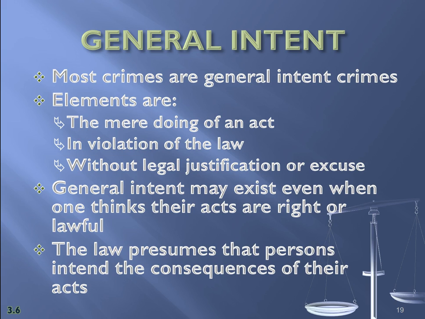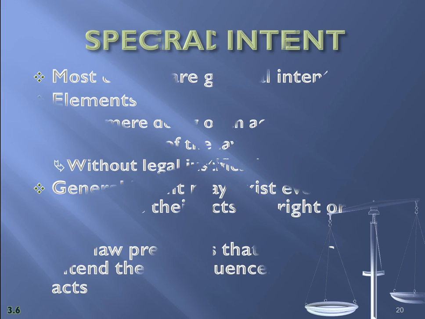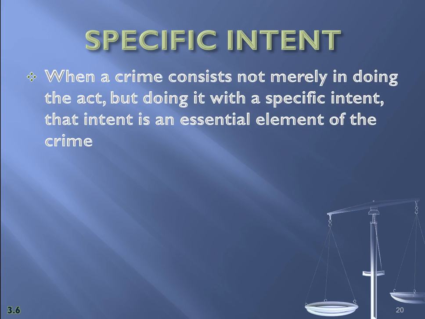So that's more the general intent. A general criminal intent is sufficient in all cases in which a specific or other particular intent or mental element is not required by law defining the crime. So most crimes, again, are general intent in nature.